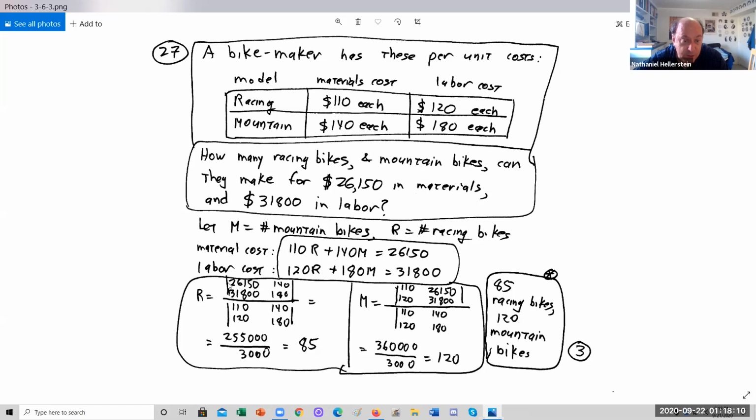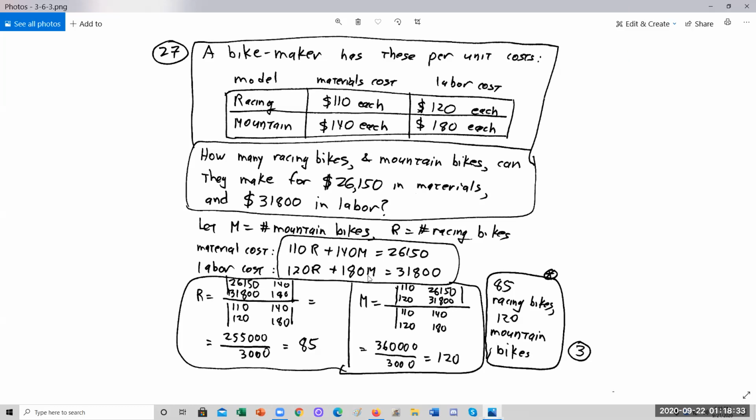So R would be, long story short, 110, 140, 120, 180 in the denominator here and here. We put 26,150 and 31,800 into the first column for R, the first variable. We'll put it into the second column for M, the second variable.